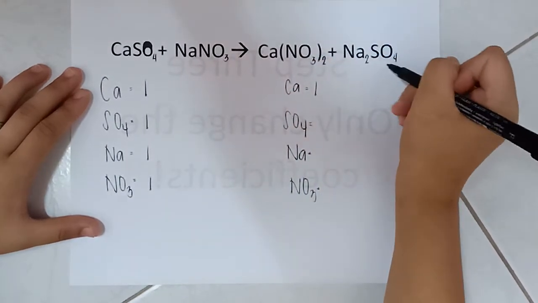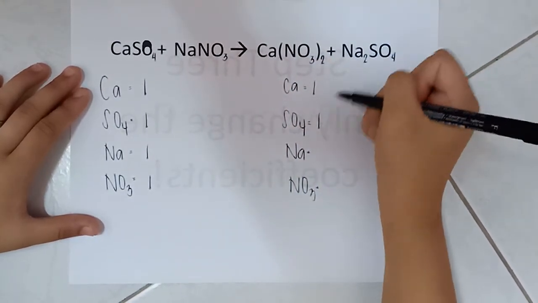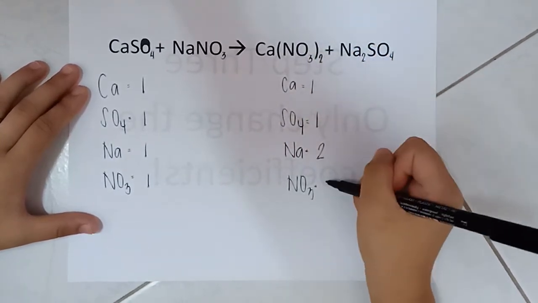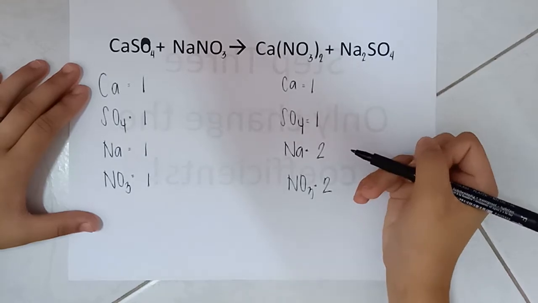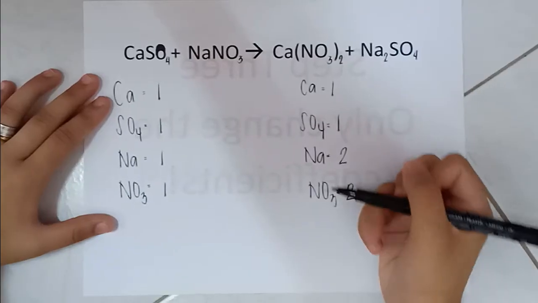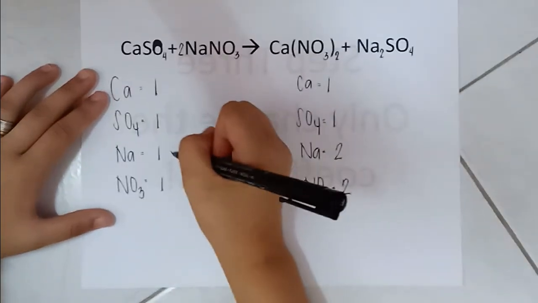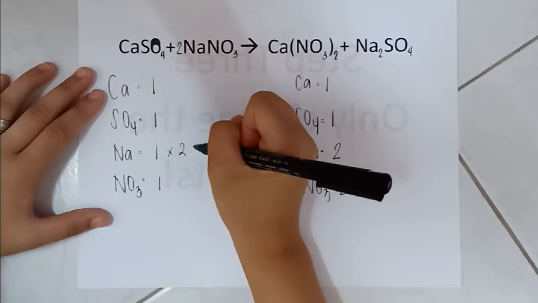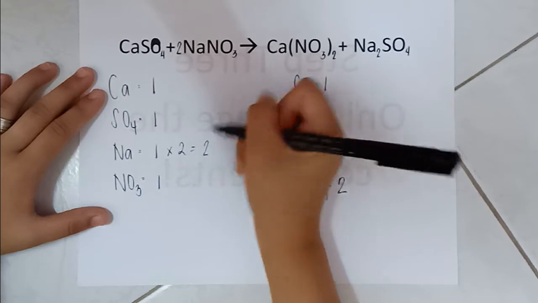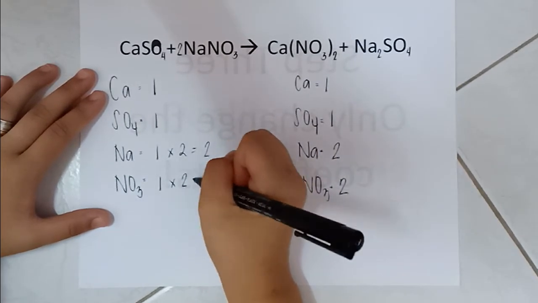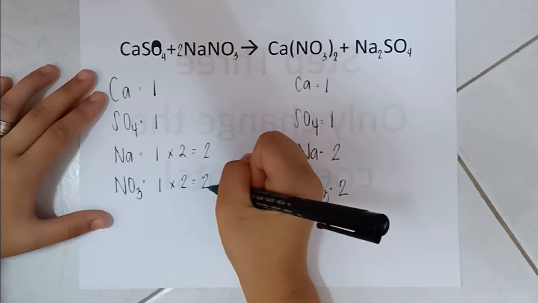Na is 1 and 2 Na on the other side. NO3 is taken as 1, so 1 NO3 here, but it has 2 on the other side, so we multiply it and we have 2. If we put the coefficient 2 here, that will be 1 times 2, so we have 2 Na, and this applies across, so 1 times 2, that gives us 2. And now we can see that it's all balanced. It isn't that hard, right?